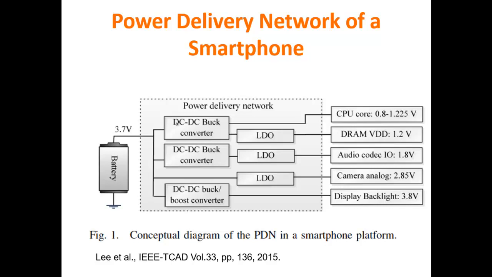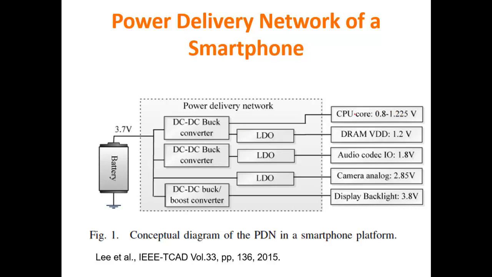So this is the reason why, if you look at the diagram of the power delivery network, we have a DC-DC buck converter for the CPU core, which is a converter that, starting from a higher voltage, provides a lower DC voltage, in this case from 3.7 to something close to 1 volt, for example, for the CPU.